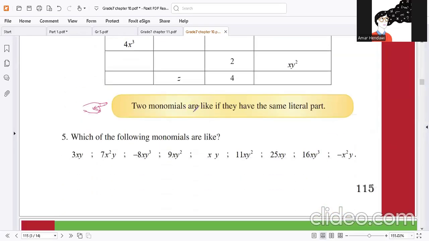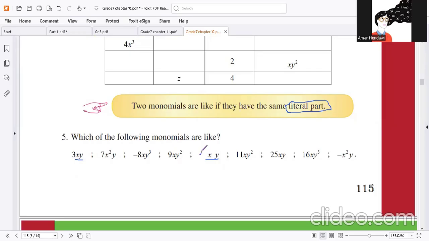Two monomials are like if they have the same literal part. So two monomials can have different coefficients and the same literal part, so they are like. Let's see here what are the like monomials. Let's search the same literal part. Here we have xy, the same, but here we don't have a number.